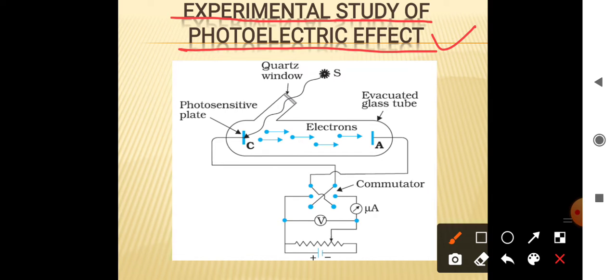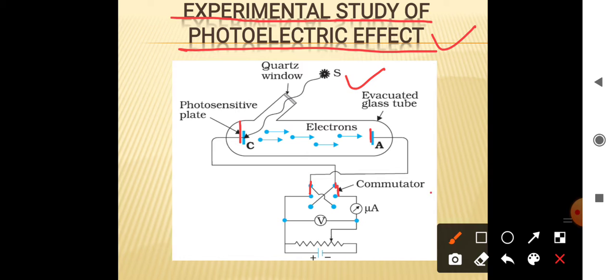So this diagram is taken from the NCERT textbook. In this diagram, there is a metal plate C which is made up of photosensitive material, and there is another plate A. Both are of the same material, and this is a source S. This source is emitting radiation, and this radiation is incident on the metal plate C. The metal plate C is connected to the negative terminal, and the metal plate A is connected to the positive terminal initially.